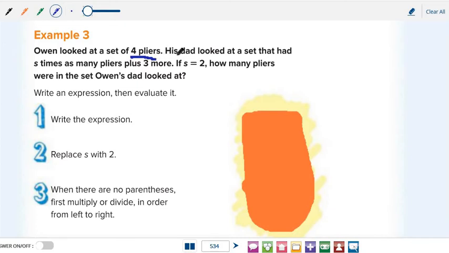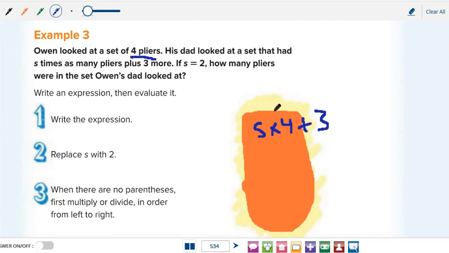So good. His dad looked at a set that had S times as many pliers. So S times 4 now. But we didn't finish yet. Plus 3 more. So S times 4 plus 3.